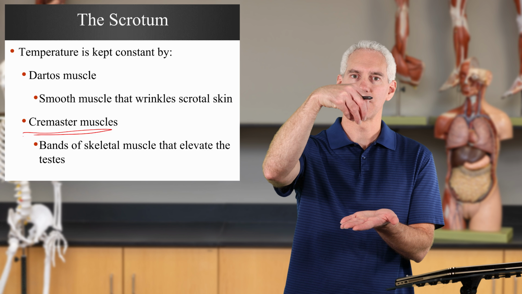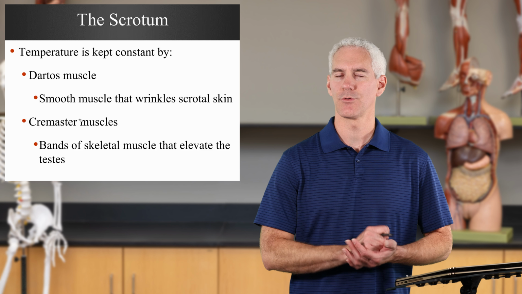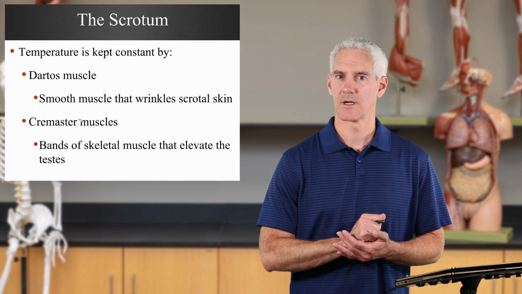But if the environment is hot and the body temperature is warm, the cremaster muscle relaxes and the testes depress, allowing them to get further away from the body to try and maintain the 3 degrees Celsius difference. So both the dartos and cremaster muscles work together to try and keep the testes about 3 degrees Celsius lower than body temperature.